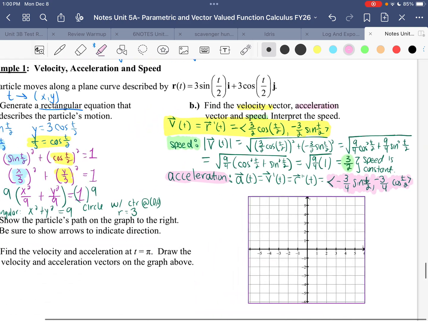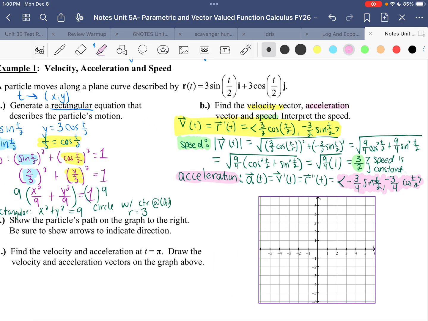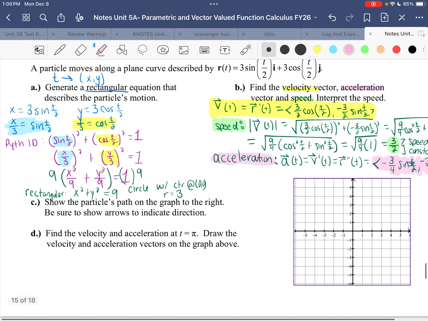Okay, now we're going to show the particle's path on the graph to the right. Be sure to use arrows to indicate its direction. It's kind of easier to graph this if I'm using its rectangular form.